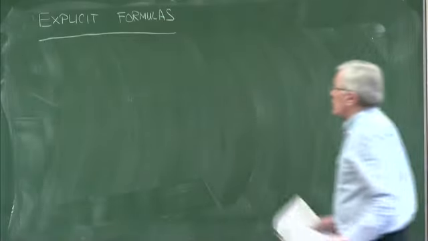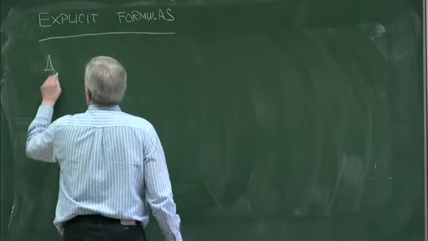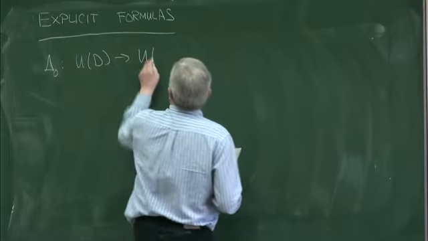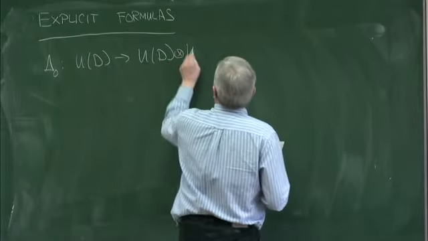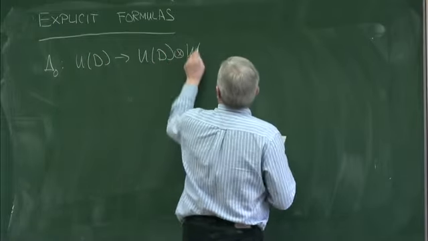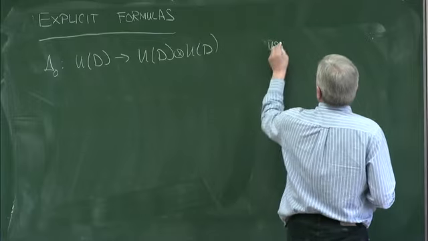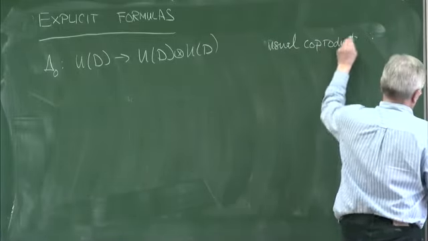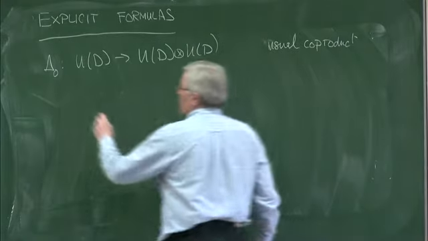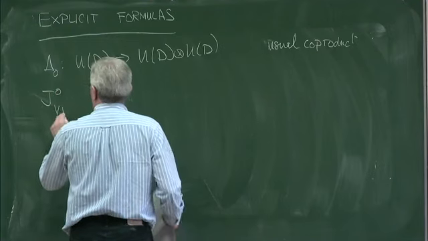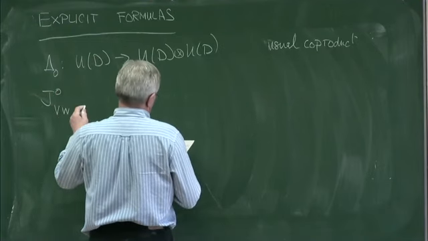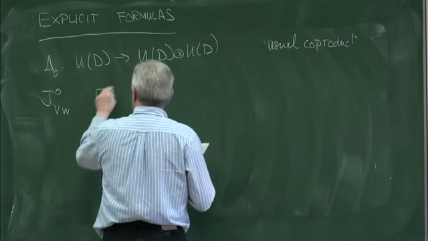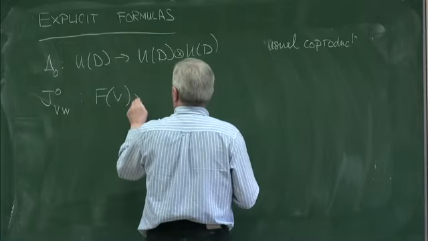So let's start off with delta 0 from U of D, the usual coproduct. And then I'll write J0 from F of V. Let me get this right.